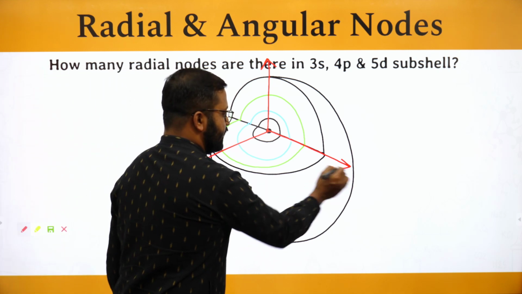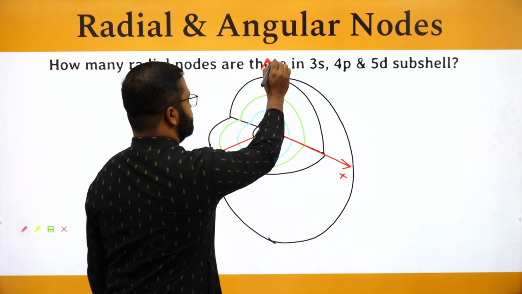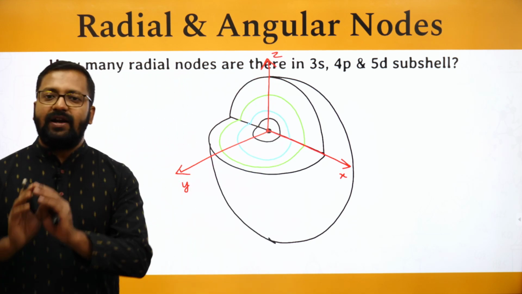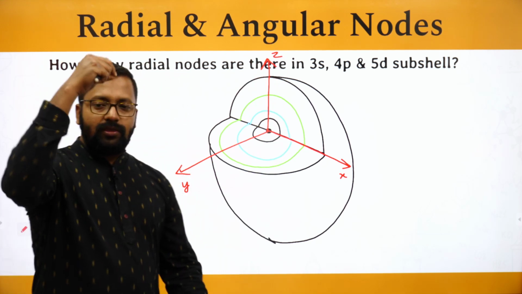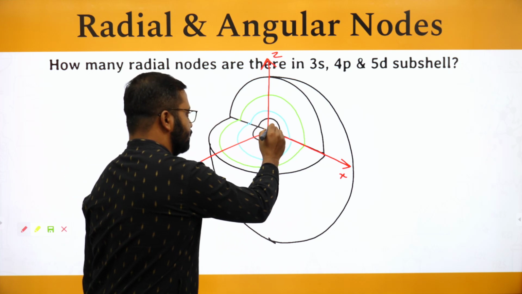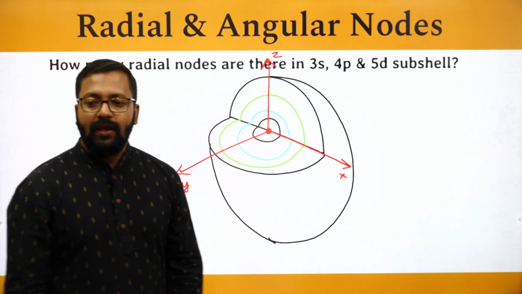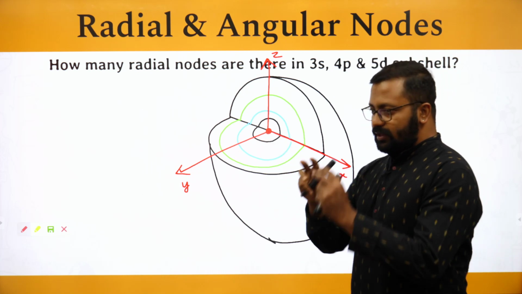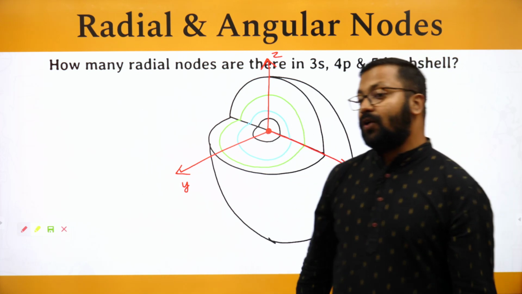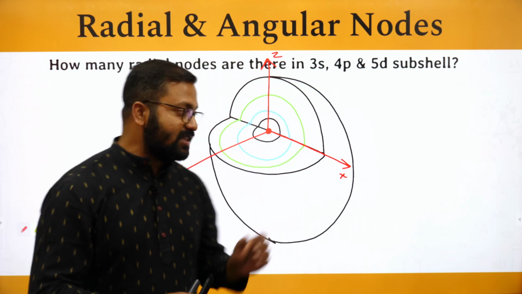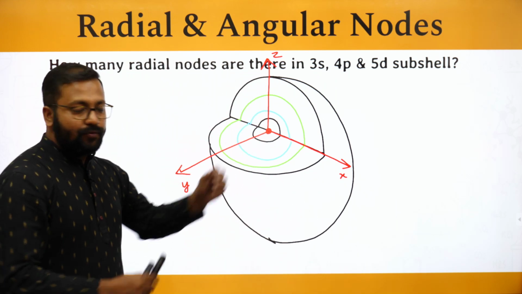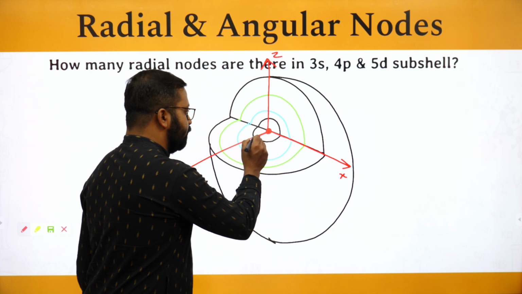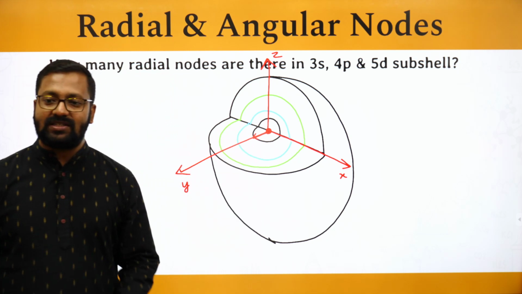Let's say this is the x-axis, this is the y-axis, this is the z-axis. Suppose you are at the center, and you want to go to the boundary of the black sphere, which is the smallest one.